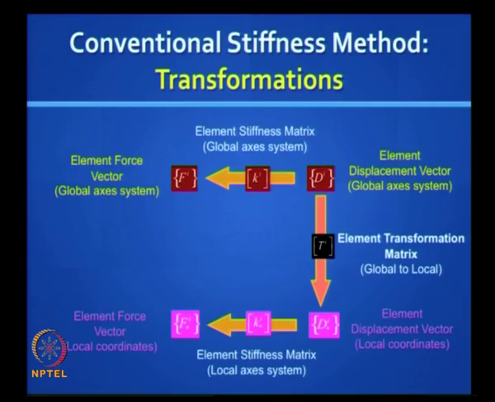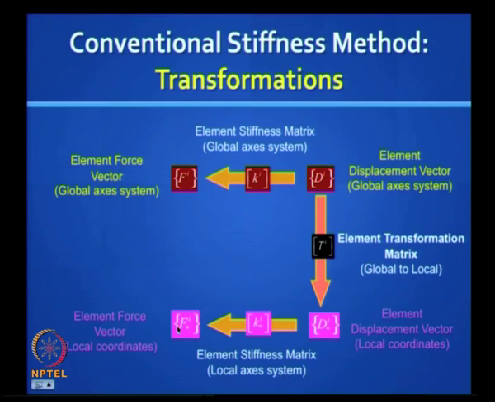I have this relationship from the global axis system, using my element transformation matrix, I get the element displacement vector, right. Now I have got this nice playground with 4 corners, so let us say I have this vector, can I straight away go to this vector?